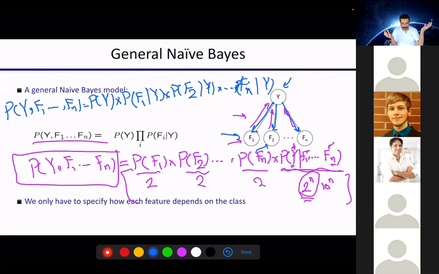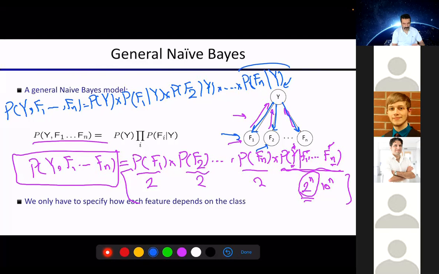So how large is this probability distribution? It is not really large. Tell me how large this is. N plus 1. Why n plus 1?